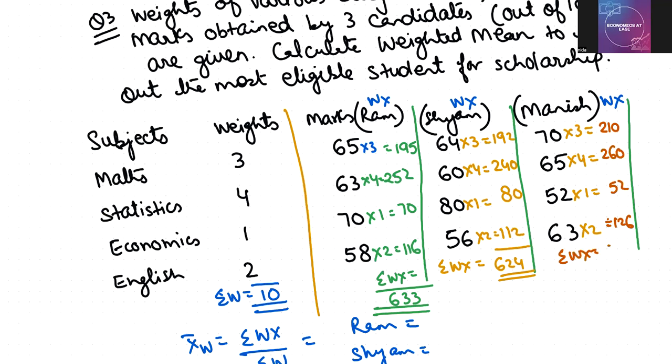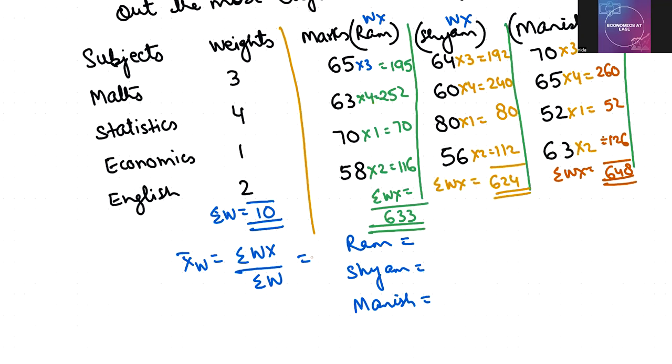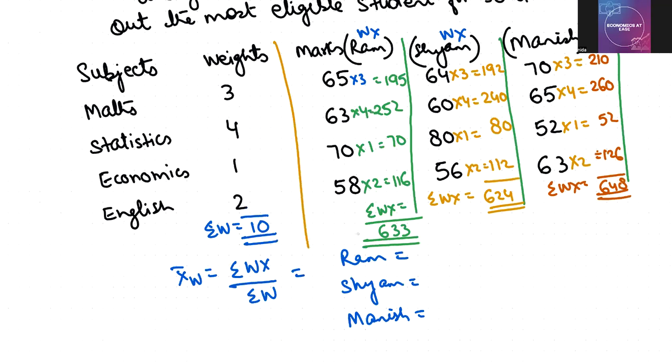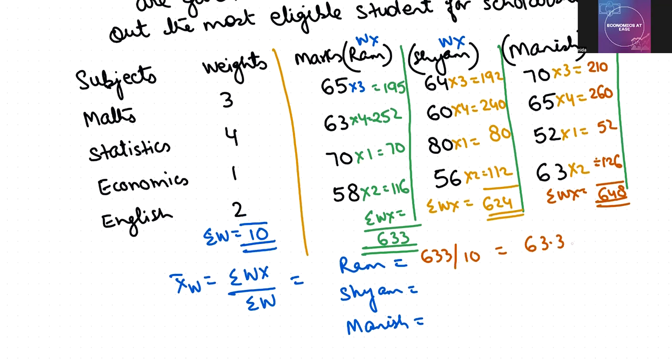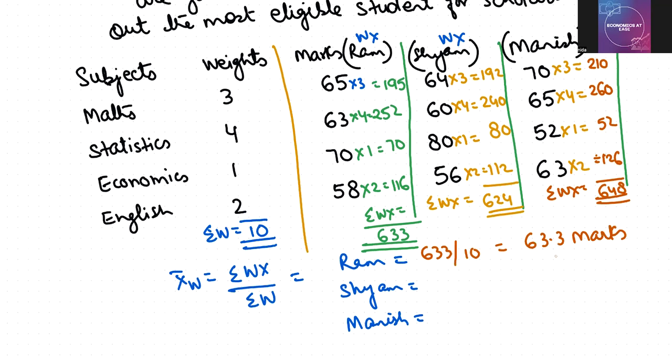So total is 648. Now फॉर्मूला यही आपको लगाना है. wx समेशन इसका क्या है? राम का है 633 divided by 10. So you will get here 63.3 marks. जिसका हाईएस्ट होगा उसी को स्कॉलरशिप मिलेगी, राइट?